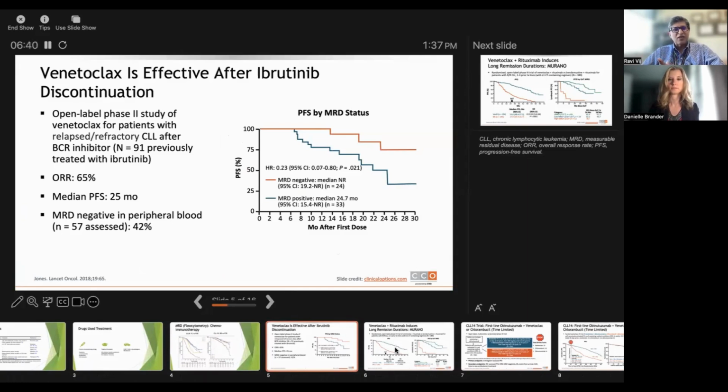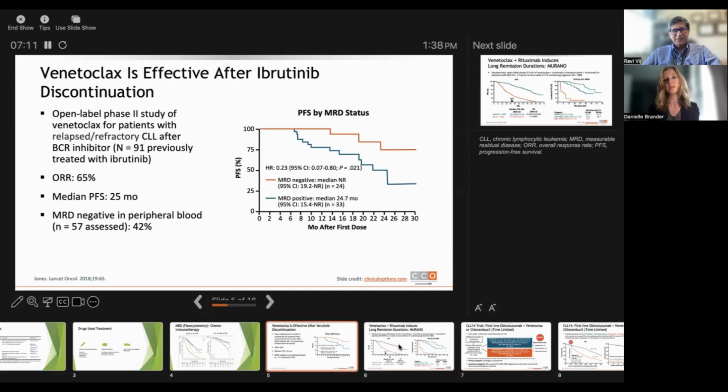So the first study was, I think, a phase 2 study shown here. And it appears that MRD in this era does predict for the durability. Is that fair? Yes, exactly. So you're right. The BTK inhibitors can have still disease control, and we don't yet have head-to-head studies saying that strategy with BTK versus venetoclax, one is better than the other.